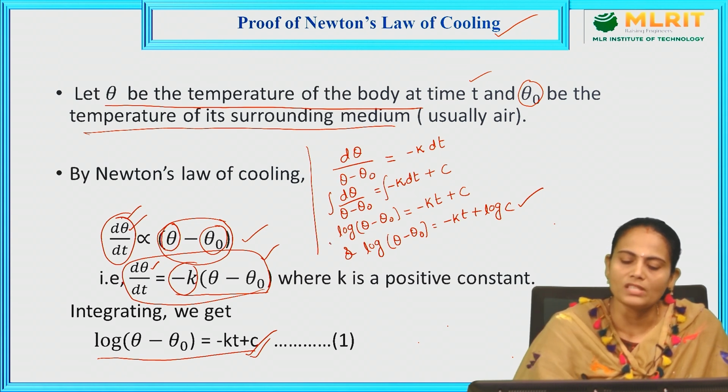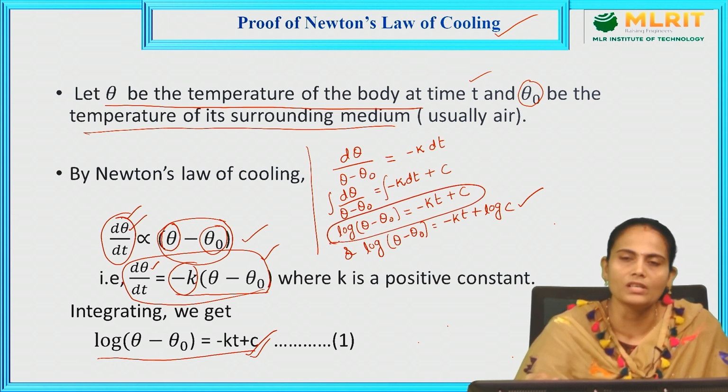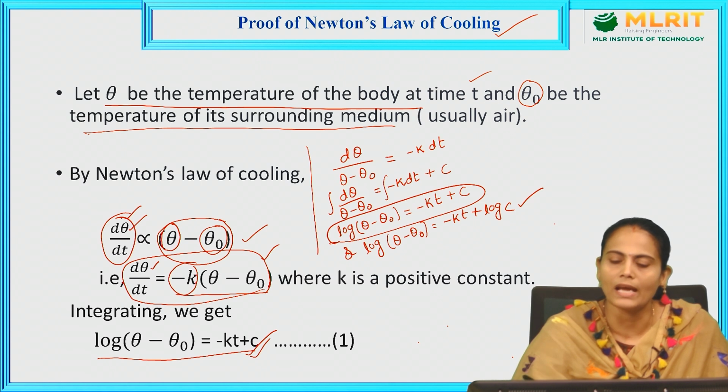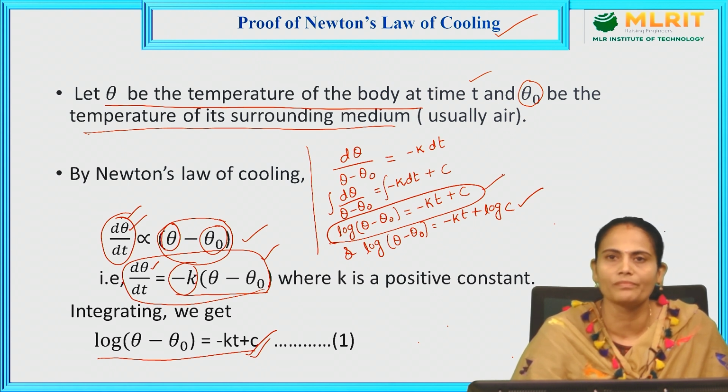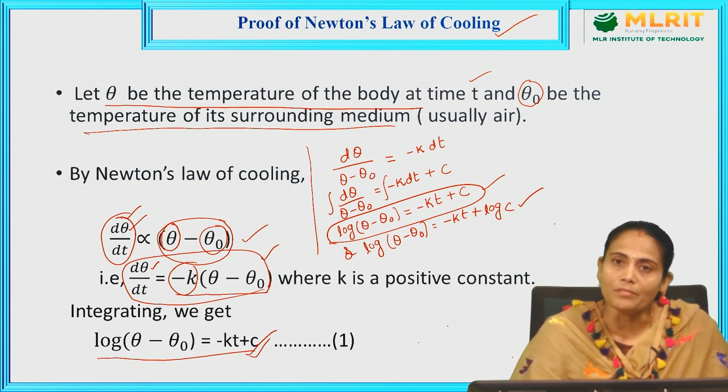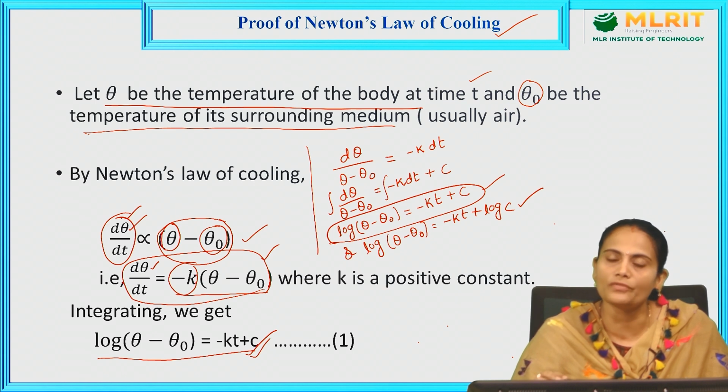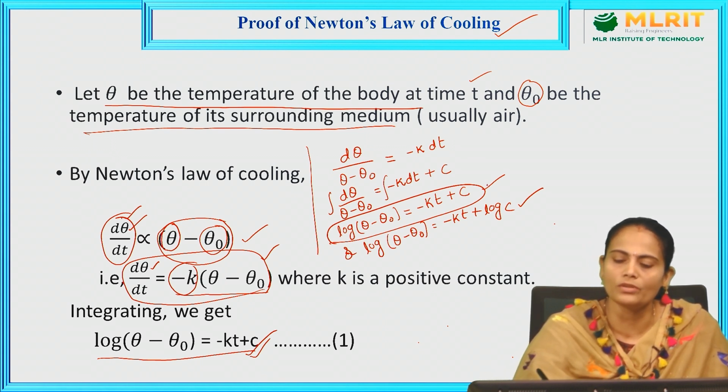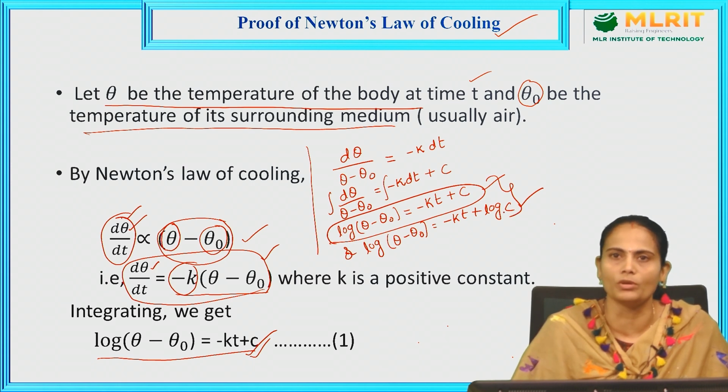This formula gives the temperature of your body at any time t. Suppose the time is given, you have to find theta. Suppose theta is given, you have to find the time. So for those two cases, you have to use any one of these formulas.